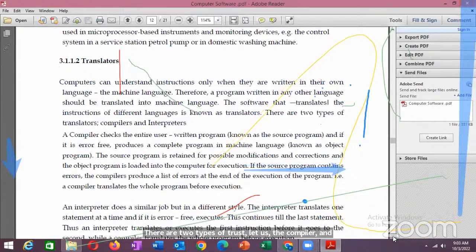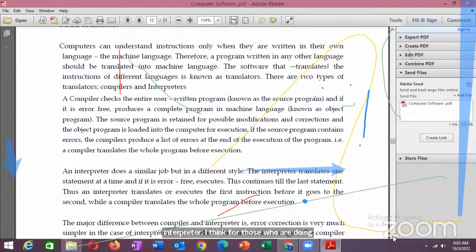For those doing programming, the SMA students, we've met and defined what translators and compilers are. But for the sake of the others, a compiler checks the entire user-written program, known as the source program, and if it is error-free, produces a complete program in machine language known as the object program.